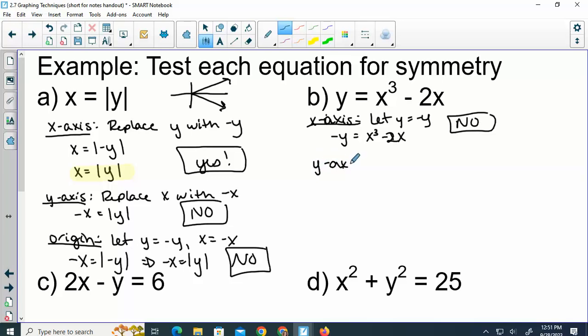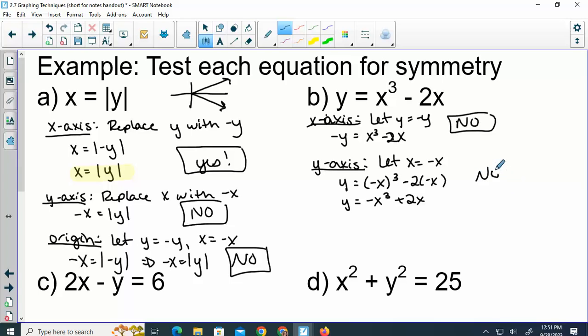To check the y, replace your x with a negative. A negative cubed is still negative. Negative 2 times negative x is positive 2x. Is that what I started with? No. And there's really no way to get it.